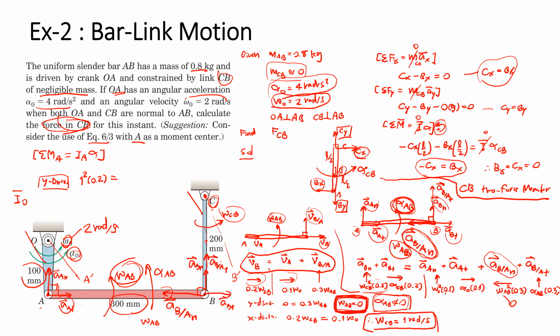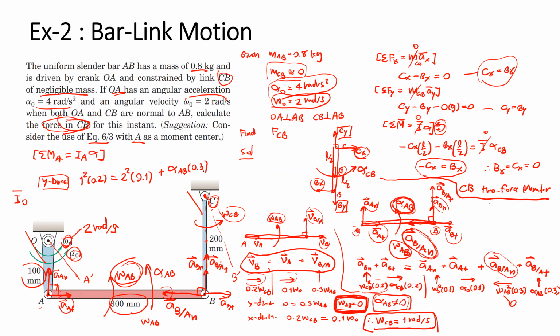Omega 0 is 2 square multiplied by 0.1. And in the y direction, we have only alpha AB multiplied by 0.3.